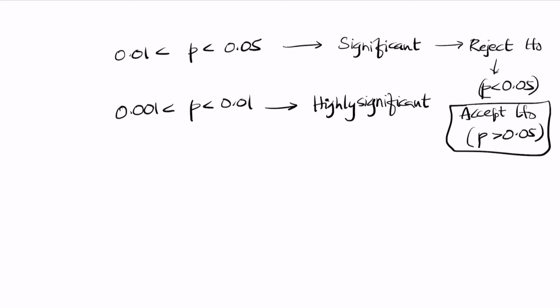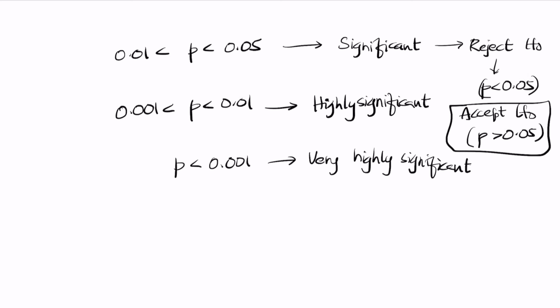And if the p-value is less than 0.001, we call that very highly significant. The only place where we say not significant is when p is greater than 0.05. We say that the result is not significant.